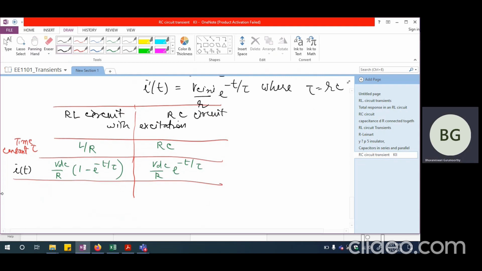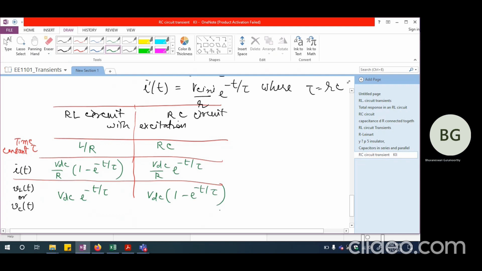On the other hand, if I'm going to look at either VL of t or VC of t, in this particular case VL of t is going to be whatever is VDC initially multiplied by e power minus t by tau. Whereas here it is going to be VDC multiplied by 1 minus e power minus t by tau.